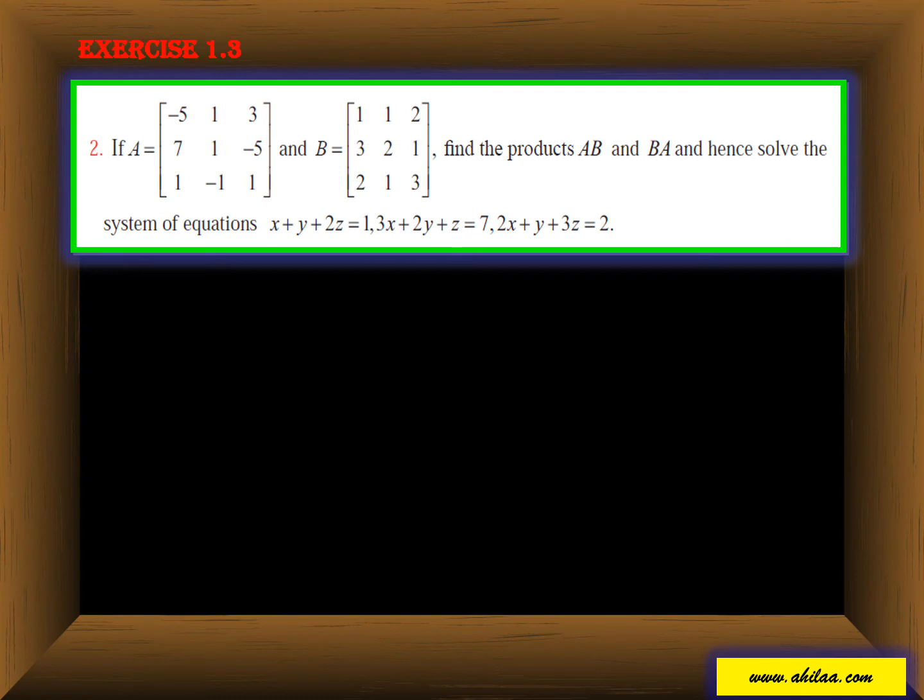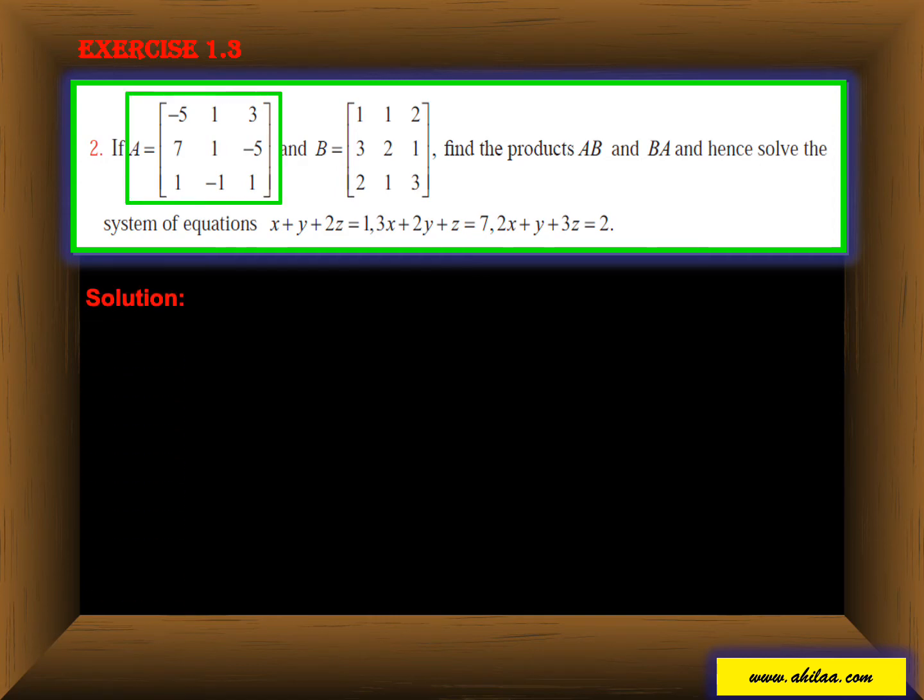The second problem of exercise 1.3 is, if A equals the 3 by 3 matrix [-5, 1, 3; 7, 1, -5; 1, -1, 1] and B equals another 3 by 3 matrix [1, 1, 2; 3, 2, 1; 2, 1, 3], find the product AB and BA and hence solve the system of equations x plus y plus 2z equal to 1, 3x plus 2y plus z equal to 7, 2x plus y plus 3z equal to 2.